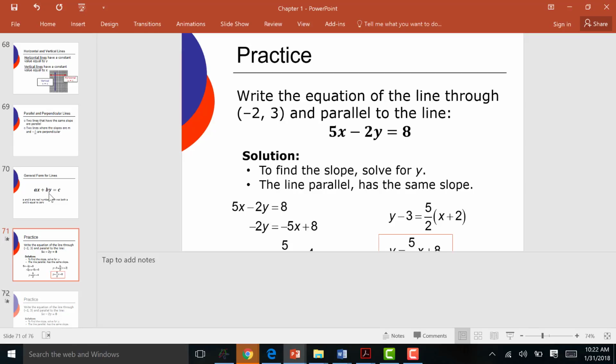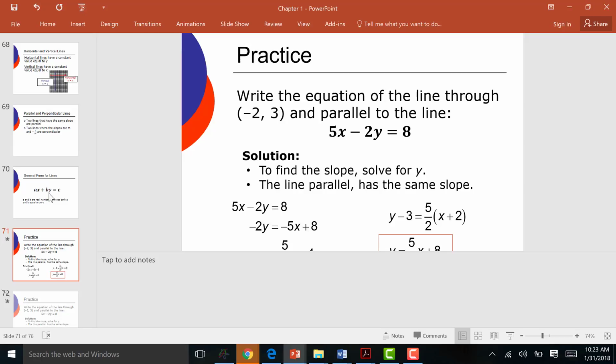Type 3 of the types of word problems that you're going to get in the homework that want you to write an equation or write a function. Type 3, you're going to be given a point and what else did they give us? Look at what they gave you. Well, let's read it. Write the equation of the line passing through the point -2, 3 and parallel to the line 5x minus 2y equals 8.